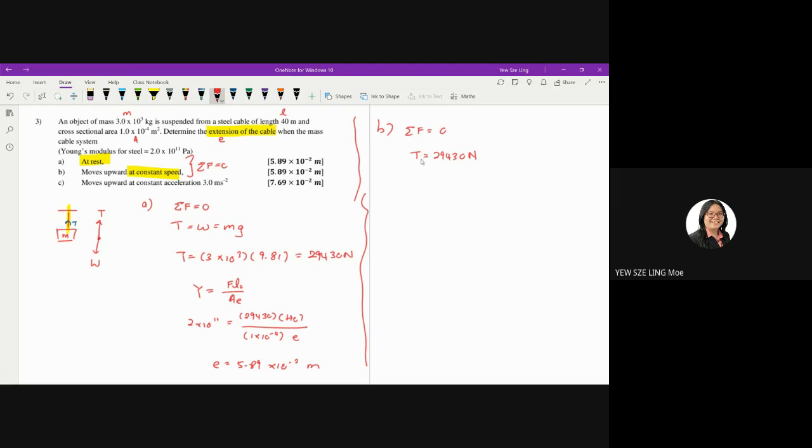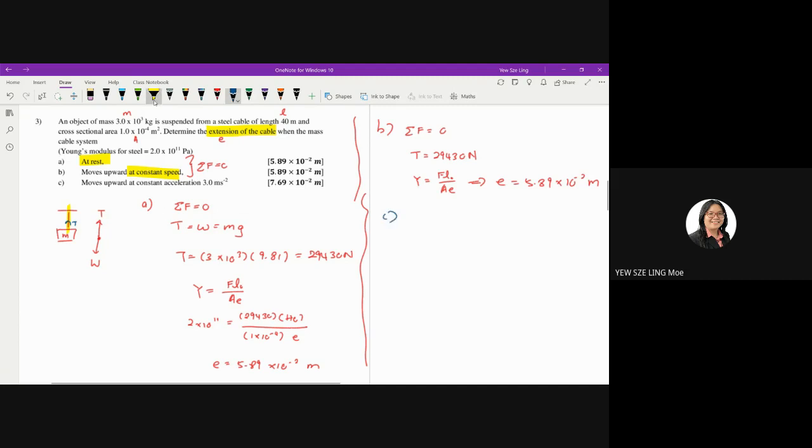If T equals 29430 Newton, you apply the equation Y equals FL naught over AE. Then once again, E is just equal to 5.89 times 10 to the power of -2 meter. All right. So remember, if your object is at rest or if it's moving at a constant speed, then you apply Newton's first law.